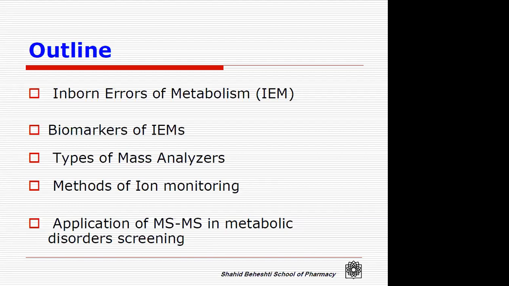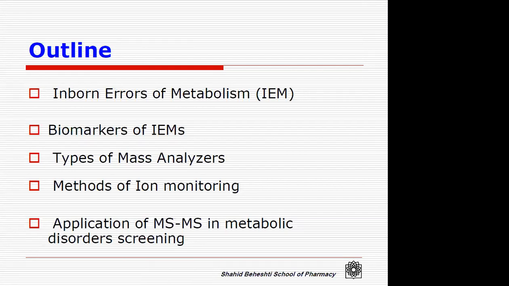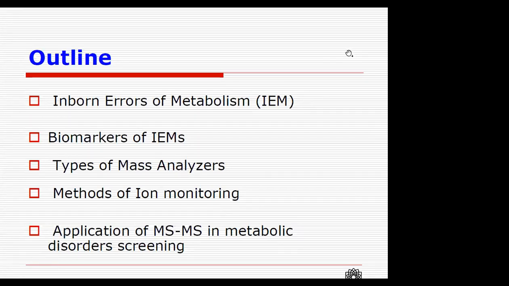We will look at the biomarkers of inborn errors of metabolism. Then I'm going to talk about the capacities of mass spectrometry to be used for the diagnosis of these types of metabolic disorders. And then we will have the practical aspect of this.